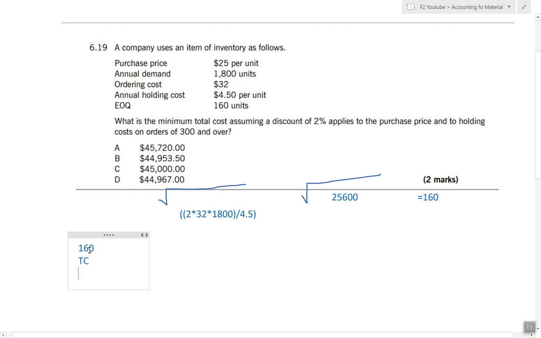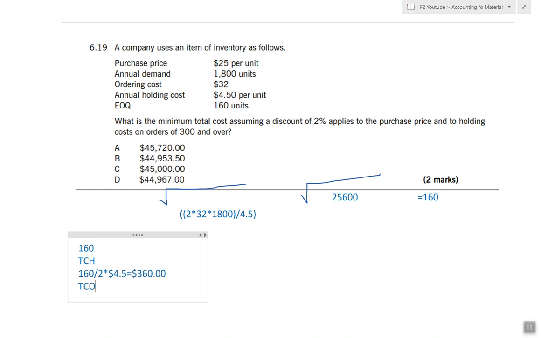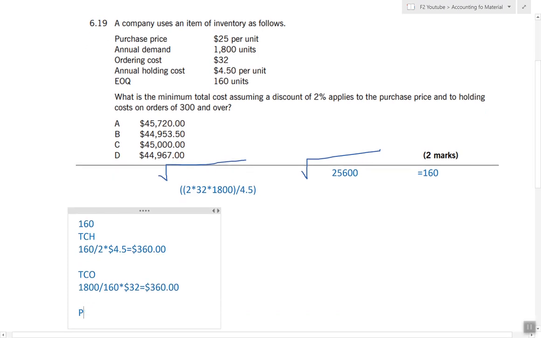So let's first look at 160. TCH would be 160 divided by 2 average cost multiplied by 4.50. TCO is 1800 units divided by 160 multiplied by 32. And then we have to look at purchase price as well here.